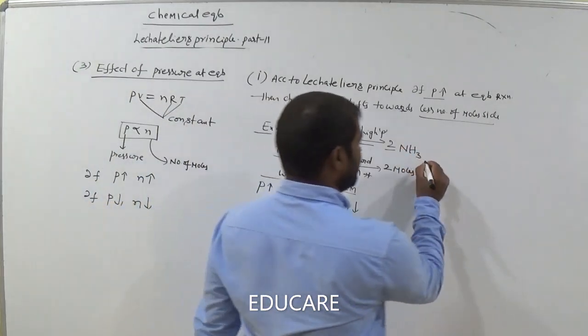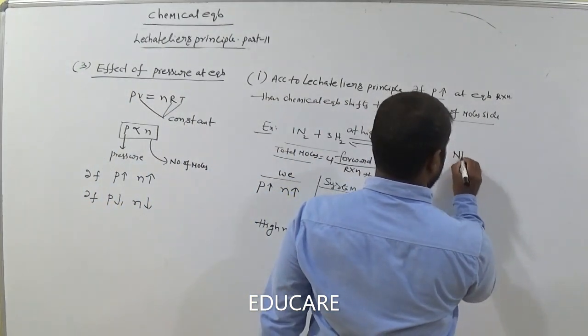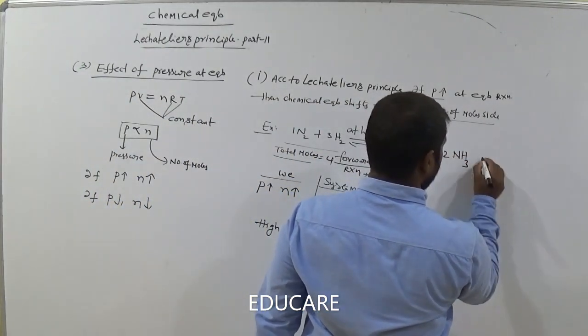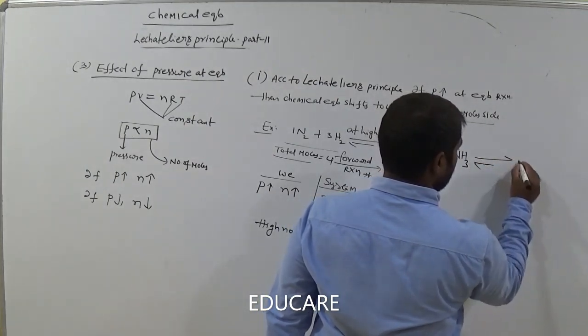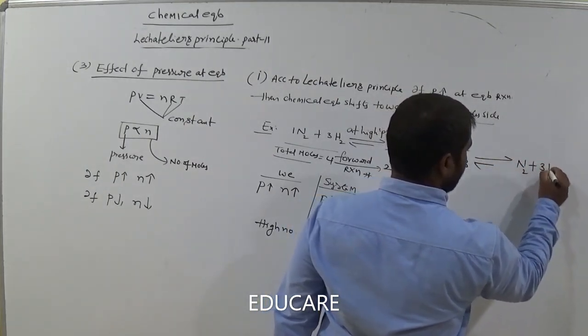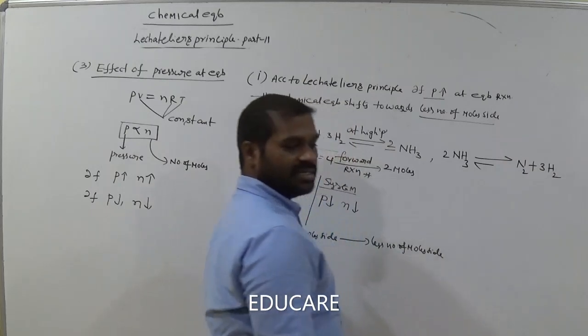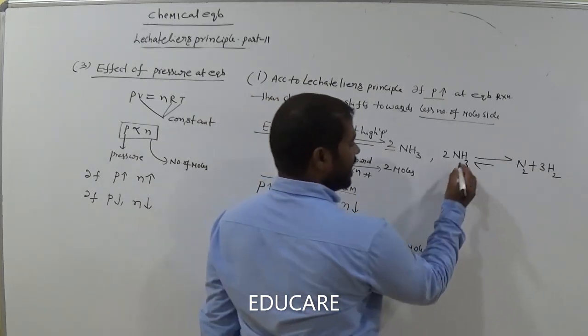Now see this example: 2NH3 is reversible to N2 plus 3H2. In this reaction, we applied high pressure.